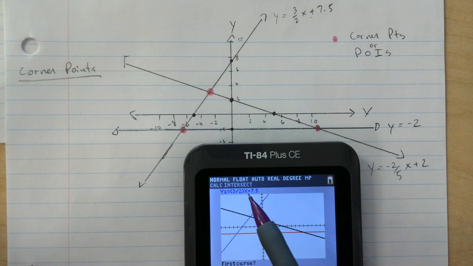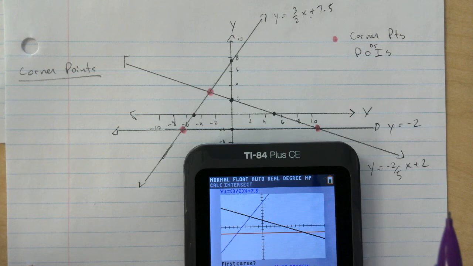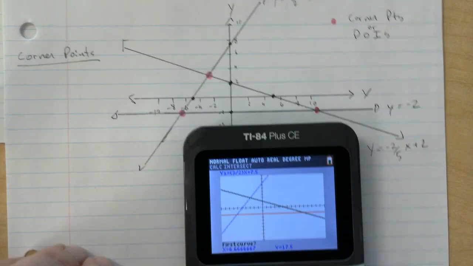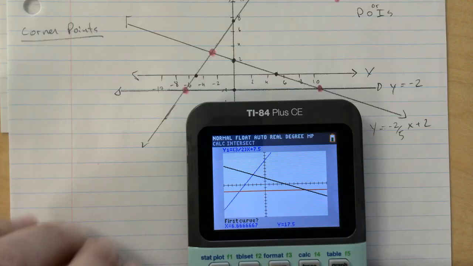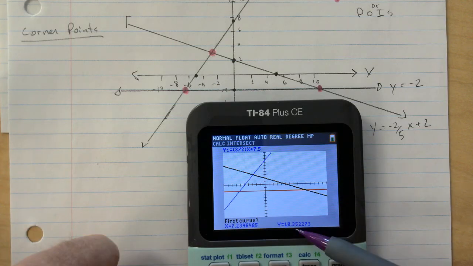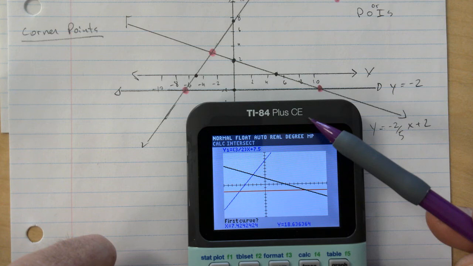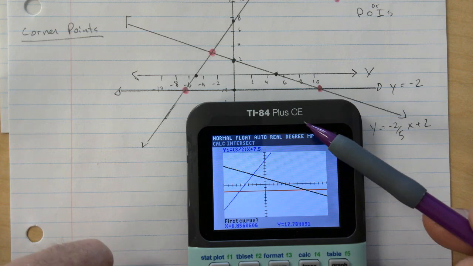Go sideways until you start seeing... if I go to the right, it's wandering off. My Y value is increasing, which means it's going up here. I don't want that, so I'm going to go left to see if it comes back.